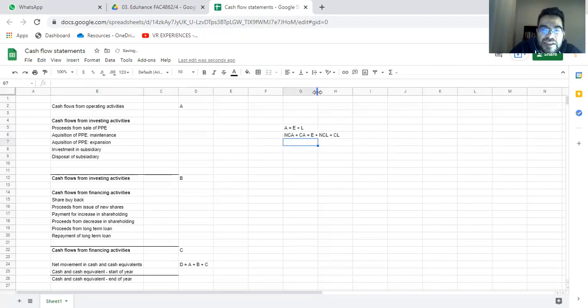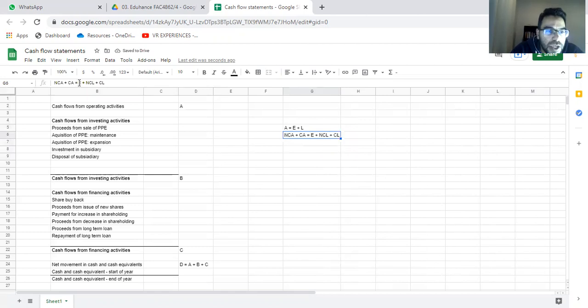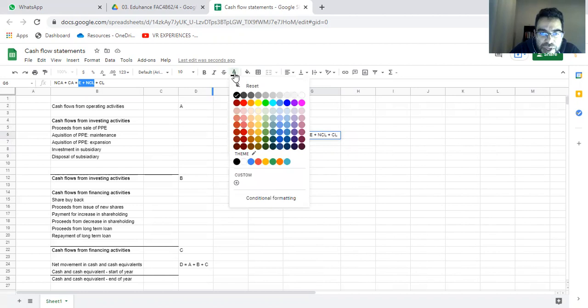So under the financing activity section, we basically included equity and non-current liabilities, largely speaking.